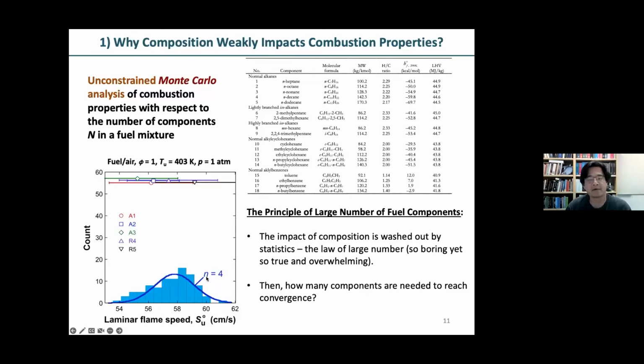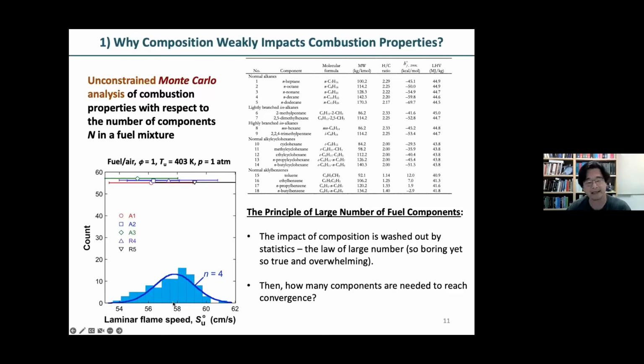If I take 4 components, n equal to 4, that is, I randomly pick 4 components and randomly assign their composition or concentration in a 4-component fuel, I will get a laminar flame speed distribution that looks like this, with a mean around 58 and a standard deviation, 1 standard deviation, of about, interestingly enough, 2 centimeters per second. And that, in fact, in many cases is about the same as where you can do measurements using, for example, counterflow. All right.